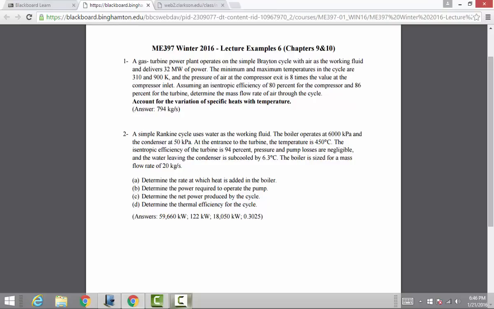Whenever you read a sentence about mass flow rate in an example, it means that all the parameters that you pick from the tables, all these parameters are in the unit of kilojoule per kilogram, and now the mass flow rate is provided.